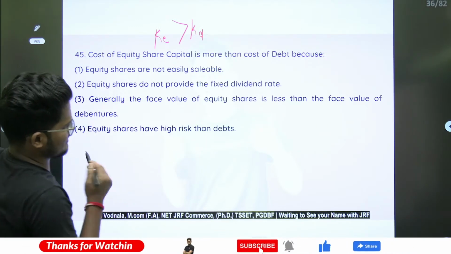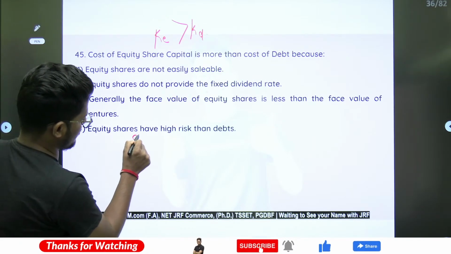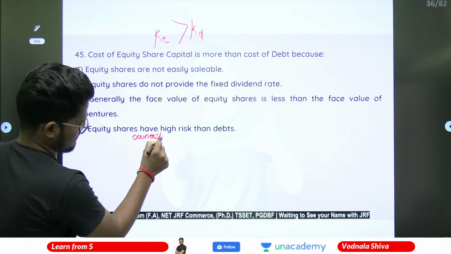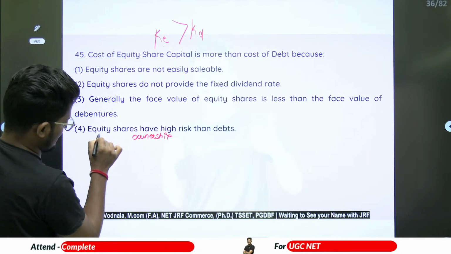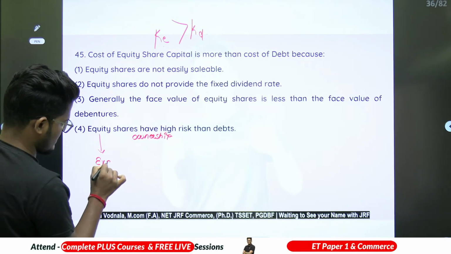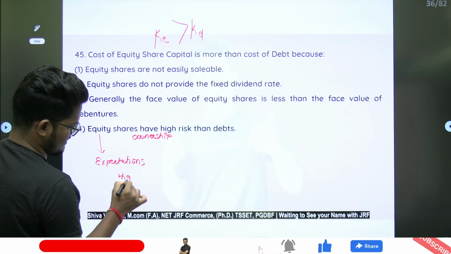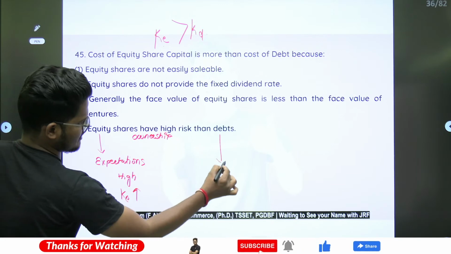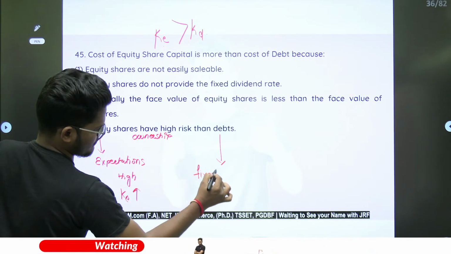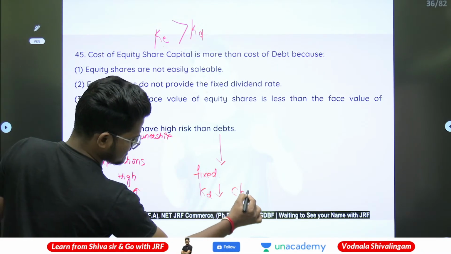Equity shares have higher risk than the debt. Actually, risk from what point of view? This is from the ownership point of view. So, equity holders' expectations will be high, and that is why the cost also will be high. Debenture holders have a fixed expectation, that is why cost of debt is lower as well as cheaper in nature.